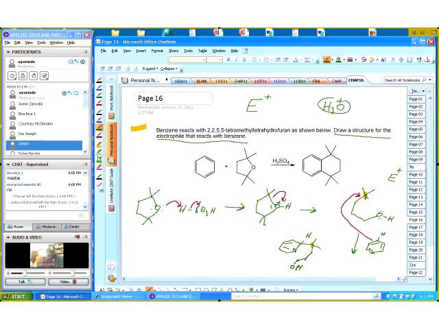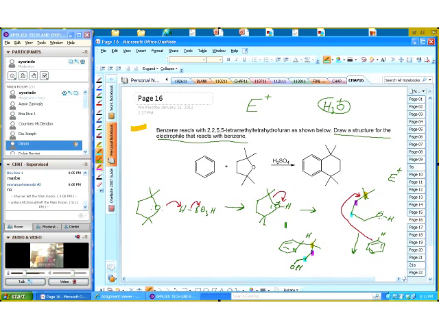Of course, the positive charge will be here. Now, this carbon here is this carbon. This carbon here is this carbon.